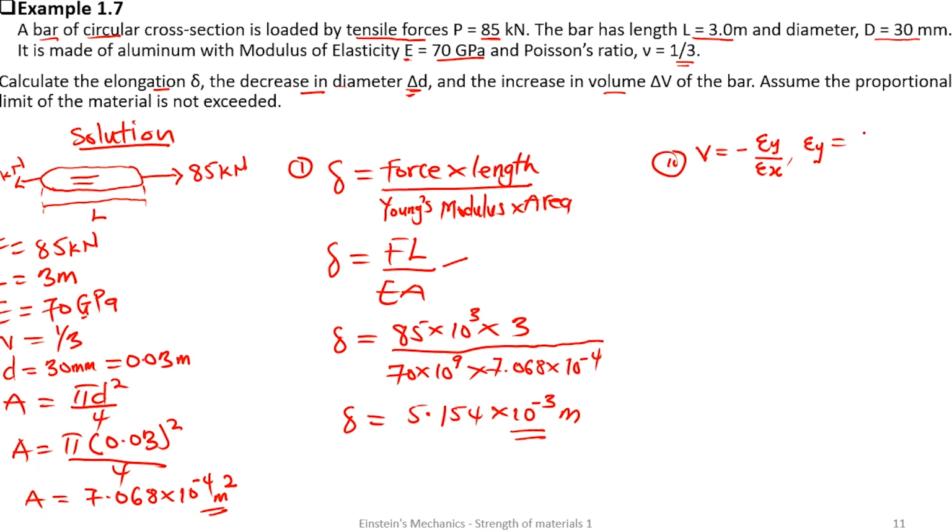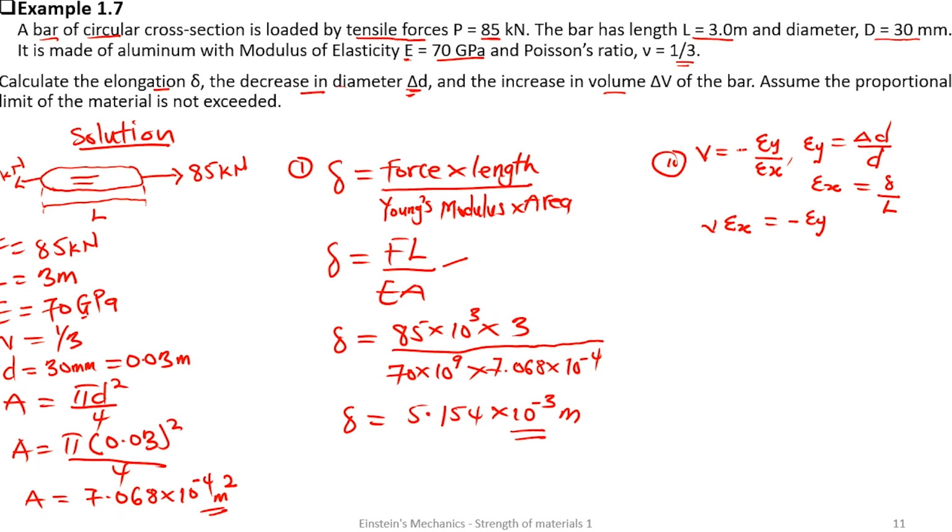The lateral strain is giving us the change in the diameter over the diameter, while the axial one is giving us elongation over the length. So can we bring this into the formula? V is equal to negative of this.